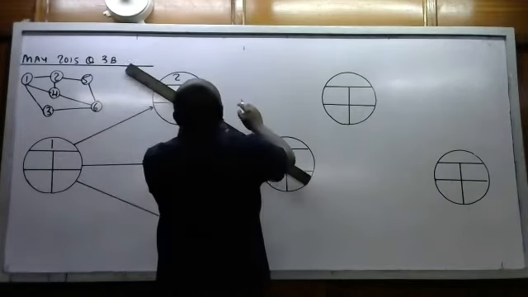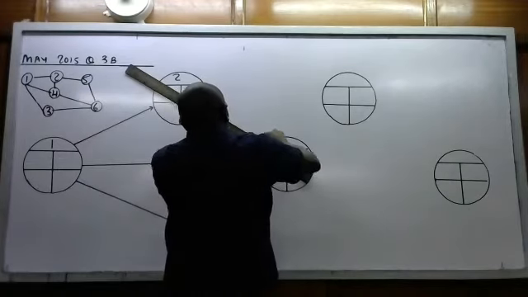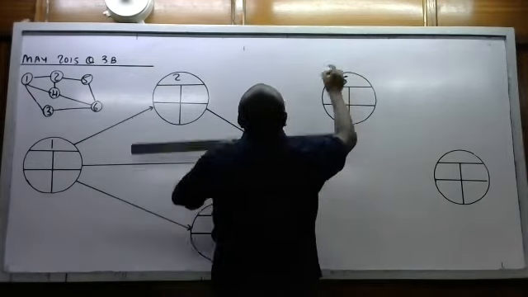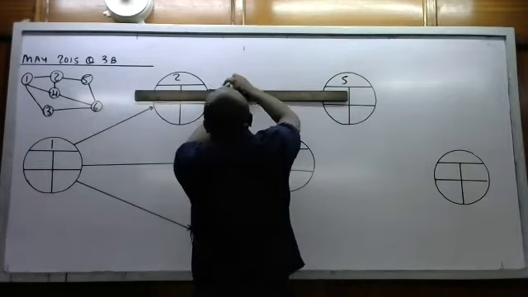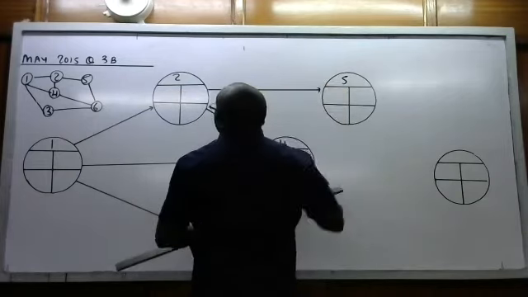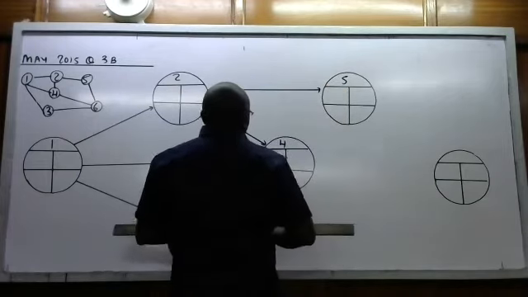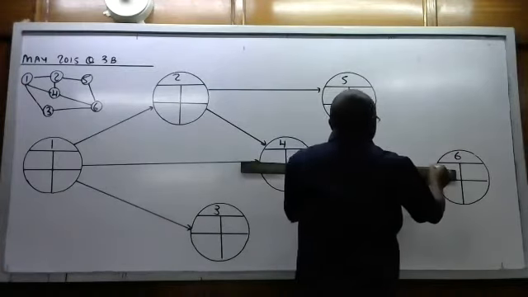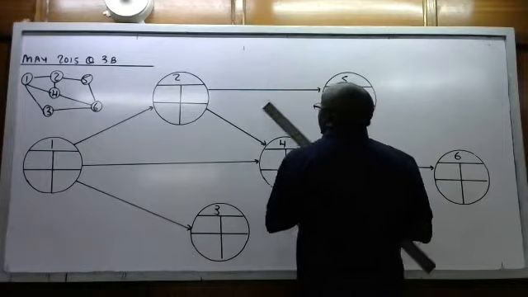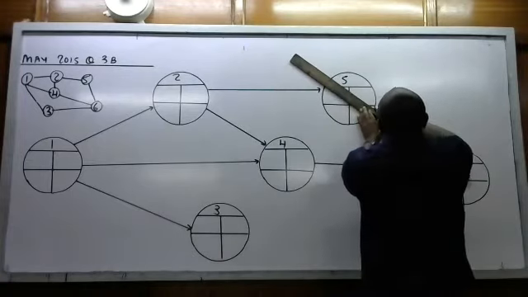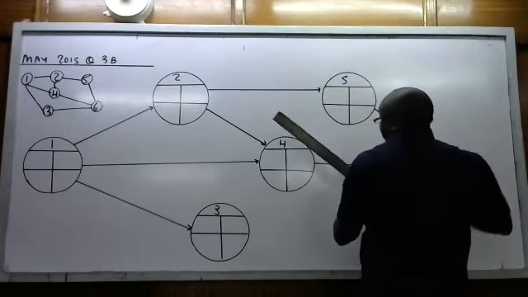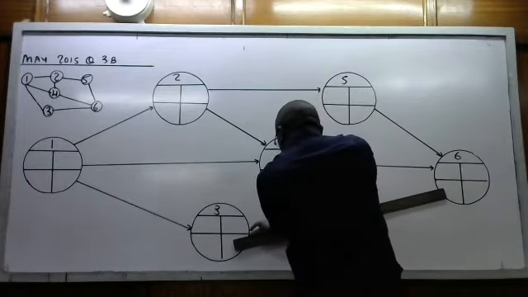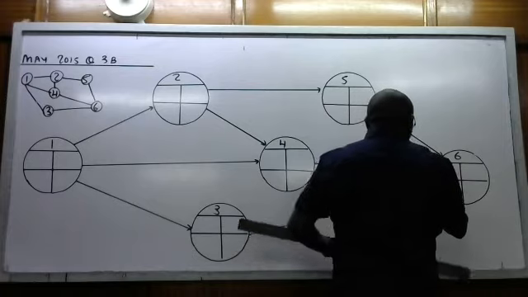Then 2 to 4, I have an activity. 2 to 5, I have an activity. 4 to 6, I have an activity here. Then 5 to 6, I have an activity. And 3 to 6, I have an activity.